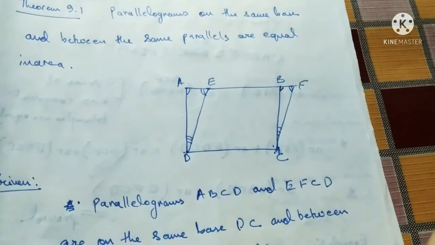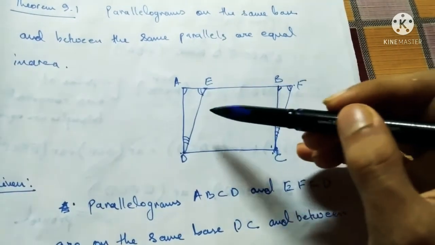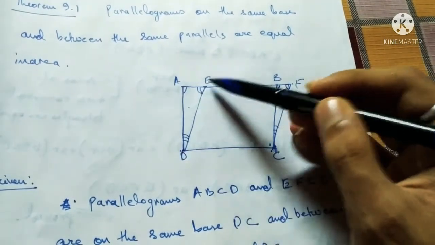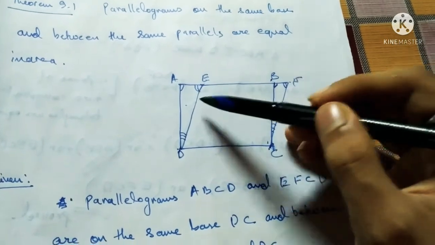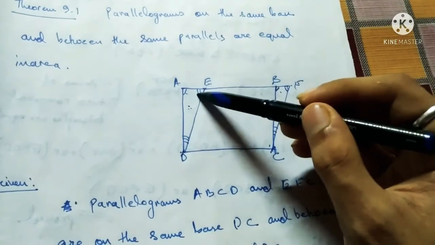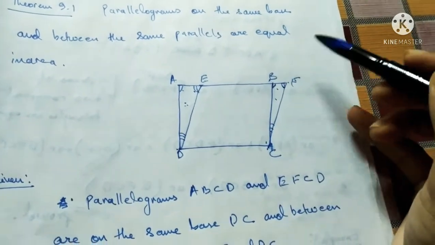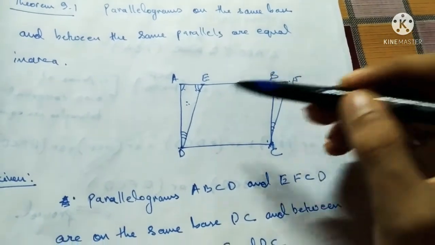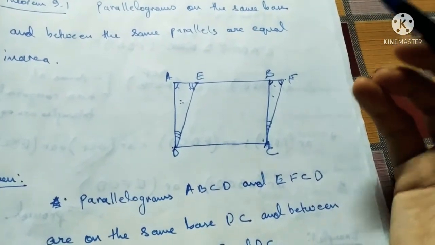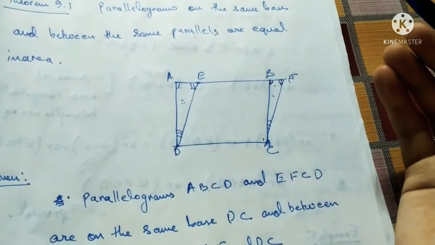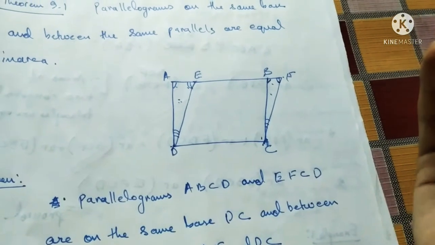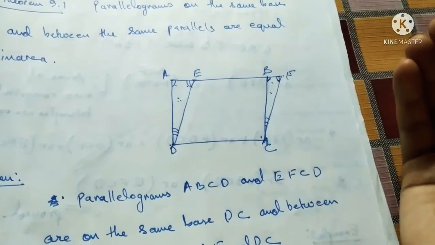Now if I consider these two triangles ADE and BCF, I have shown that this angle is equal to this angle, and this angle is equal to this angle. In earlier classes I have said that in two triangles, if two angles are equal, then the third corresponding angle also becomes equal, by the angle sum property of triangles.